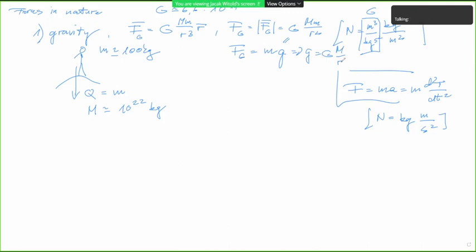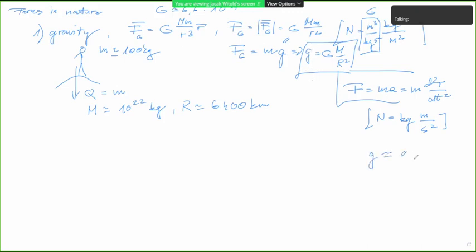However, this is for Earth, so this should be R square, where this capital R is the radius of Earth. What is the radius of Earth? It's about 6,400 kilometers, something like this. So you take the mass of Earth, you divide it by the radius of Earth squared, you multiply it by the gravity constant, and you get your acceleration g, which we know quite well.